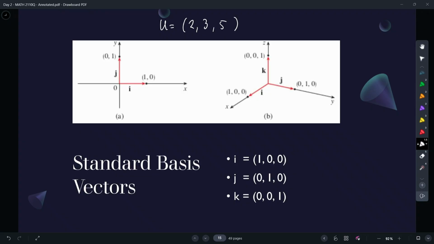I have to go 2 units in the x direction, 3 units in the y direction, and 5 units up in the z direction. That is telling me coordinates with respect to a Cartesian system that we have chosen because it's convenient, because all 3 axes are perpendicular.